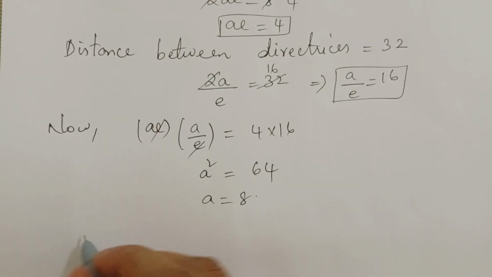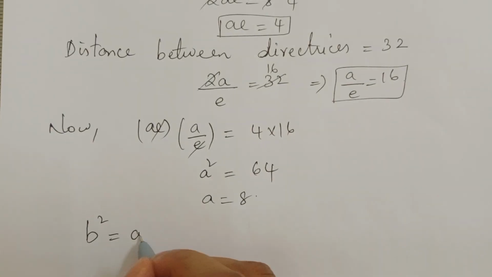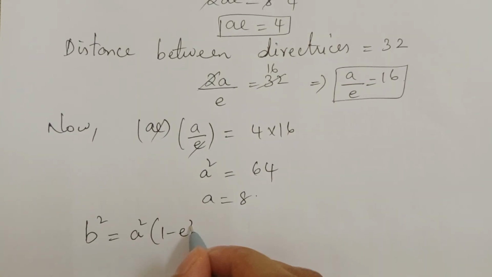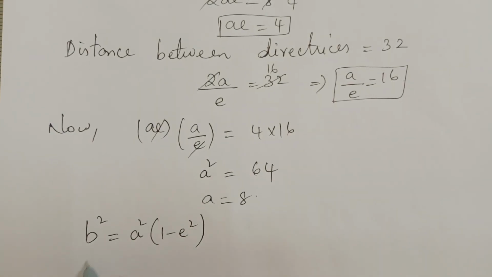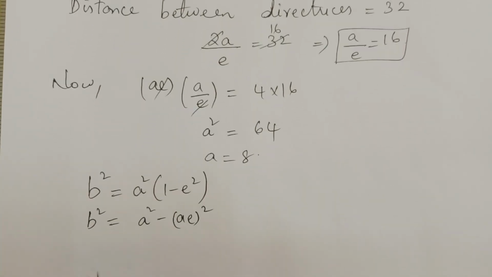We know the formula of b square, right? b square is equal to a square into 1 minus e square. So this can be written as b square is equal to a square minus ae whole square. So now substitute.